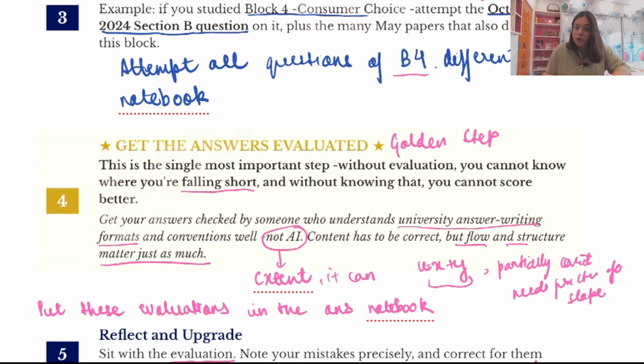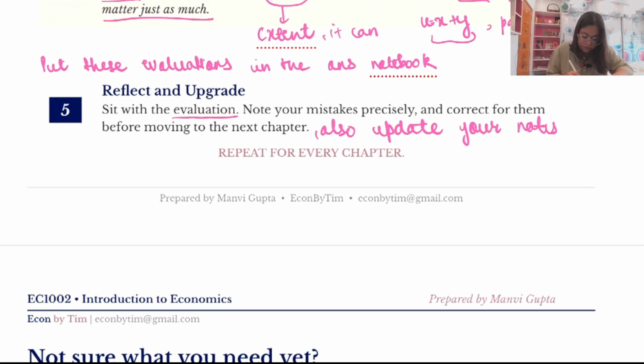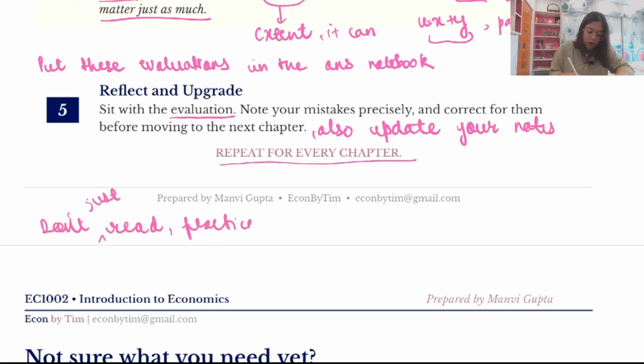If you are short on time or for any other reason you can't do that, at least do the priority blocks given in this guide. Please repeat this for every chapter, and that way you will be able to cover chapters with a good strategy. Please don't just read the chapter and think you are done. Don't just read. You need to practice, you need to recall.